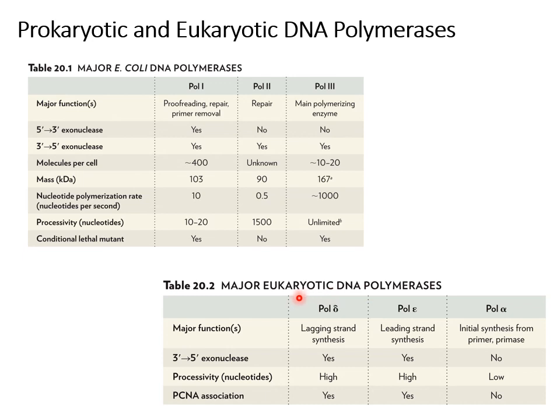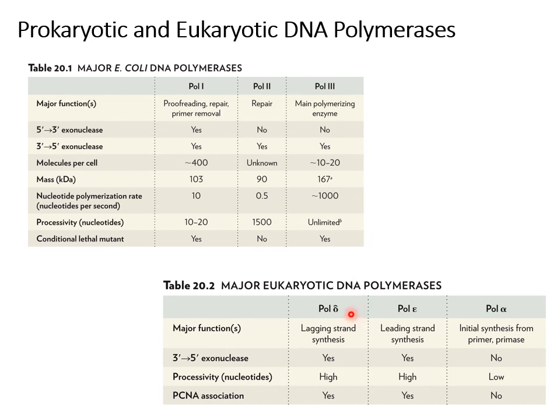Okay. When we look at the eukaryotic ones, pol delta, which is this first one here, is going to be responsible for synthesis of the lagging strand, whereas pol epsilon will be responsible for the leading strand synthesis. Okay, so in bacteria, pol 3 did both leading and lagging strand.